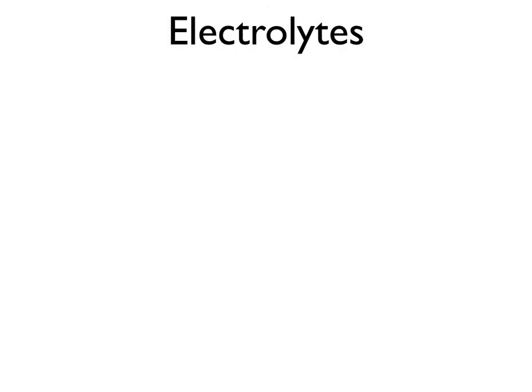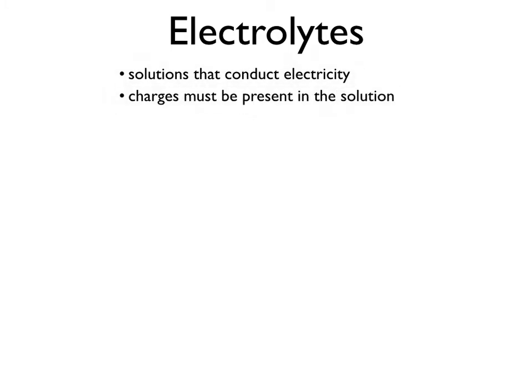In the lab then, we were trying to evaluate if some of the solutions that you were examining were electrolytes. We know that electrolytes are any solutions that will conduct electricity. In order to do so, though, we know that there are a couple of requirements. The first being that there have to be charges present in the solution that you're examining.